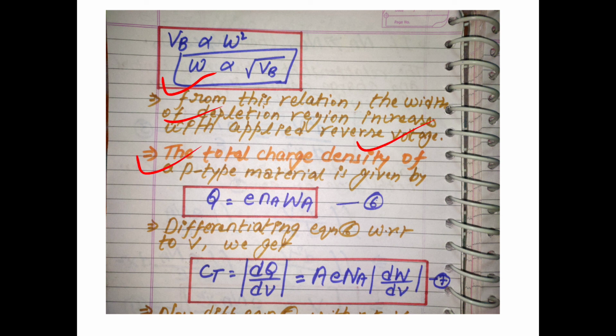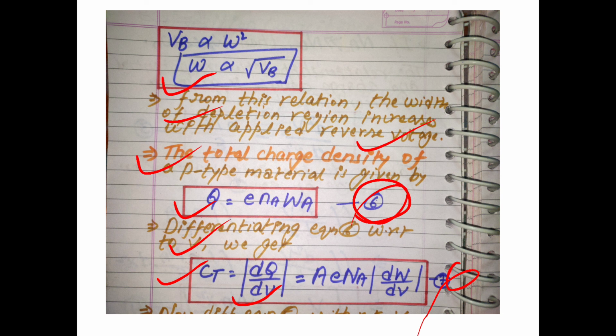Now the total charge of a p-type material is given by Q = q Na A W, which is equation number 6. Now we are going to differentiate equation number 6 with respect to V. Then we get equation number 7, which is Ct. From equation number 1, Ct = dQ/dV.